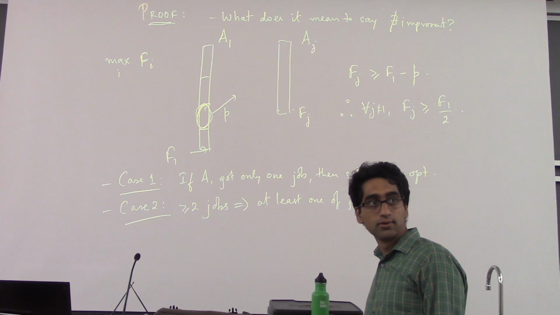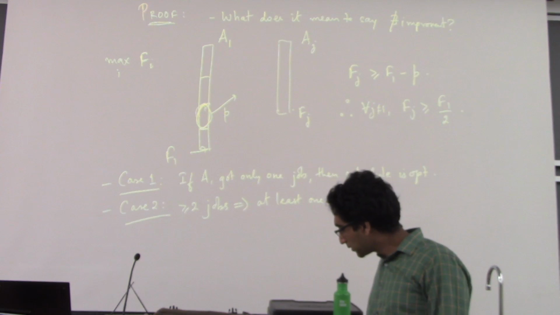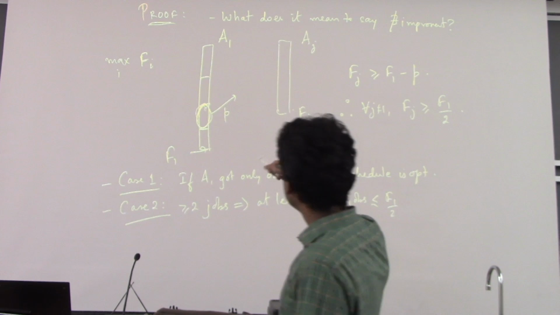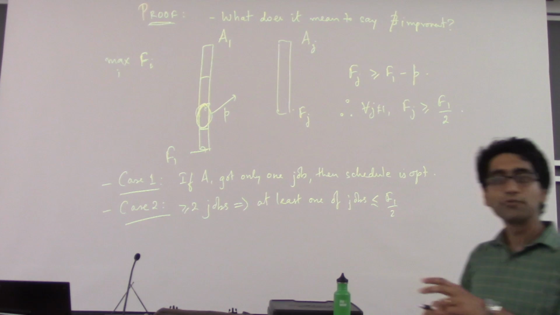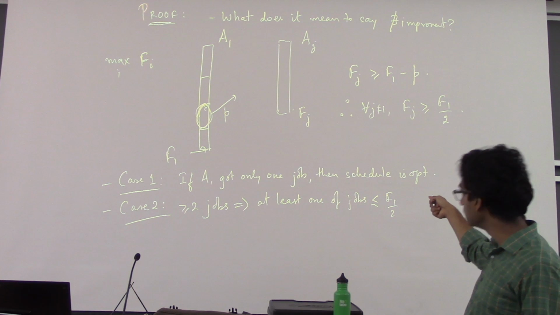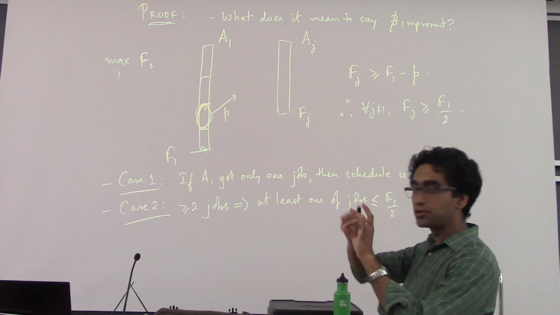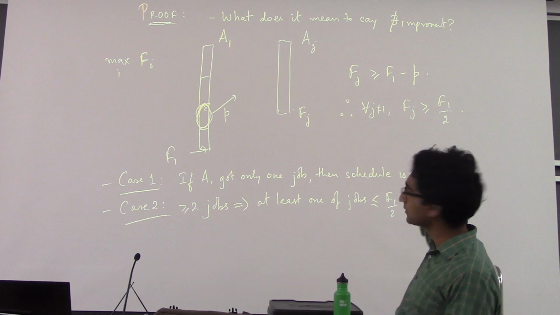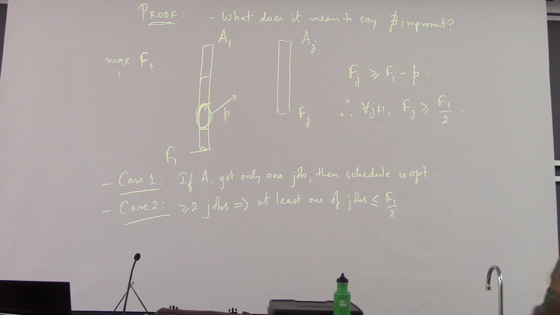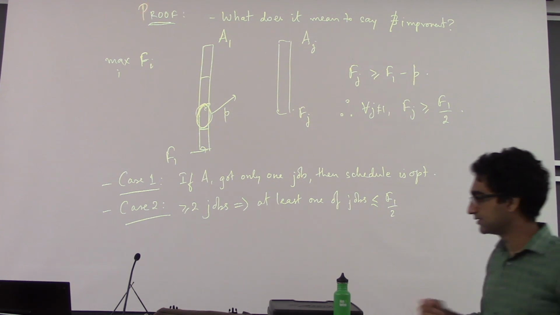Because A1 had at least two jobs, at least one of them was smaller than or equal to F1 by 2, and if that job could not be moved to one of these machines, then each of these machines is bigger than or equal to F1 by 2. So that's easy.